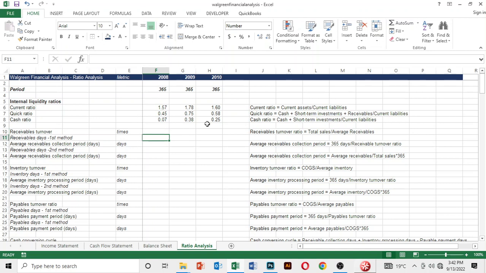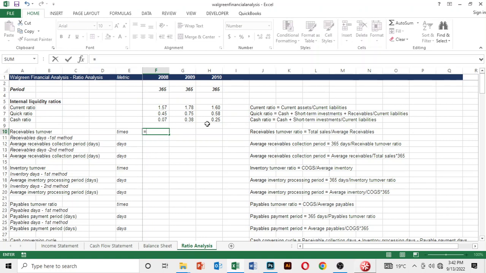So to do this, the formula for receivables turnover is total sales divided by average receivables. So that's what we are going to do. We will use the income statement and the balance sheet to compute this ratio.